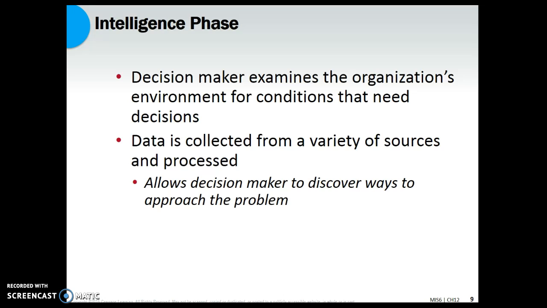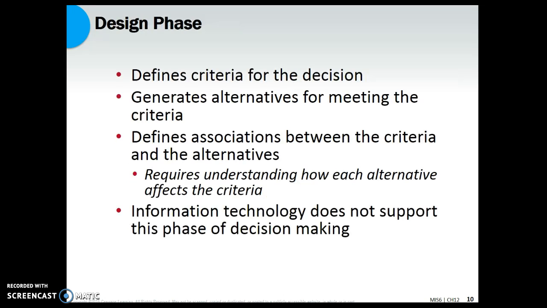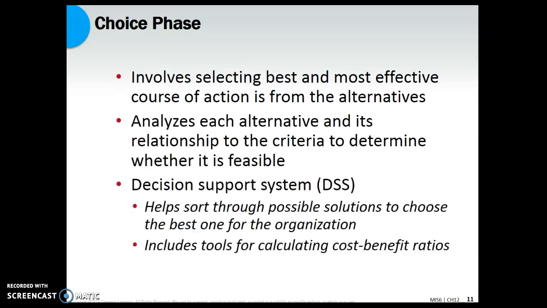In the intelligence phase, decision makers examine the organization's environment, and then they look for architectural needs and analysis in order to make the decision. In the design phase, they define the criteria for the decision, or the requirements, alternatives for meeting the criteria, associations between the criteria, and whether or not the information technology supports the phase of decision making.